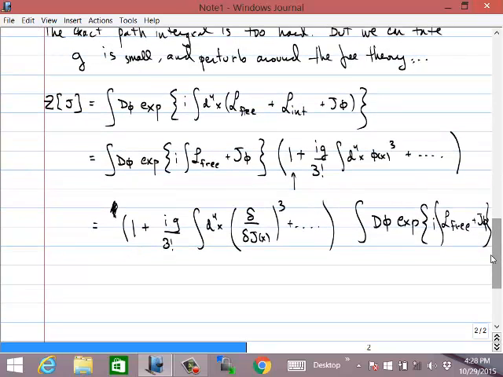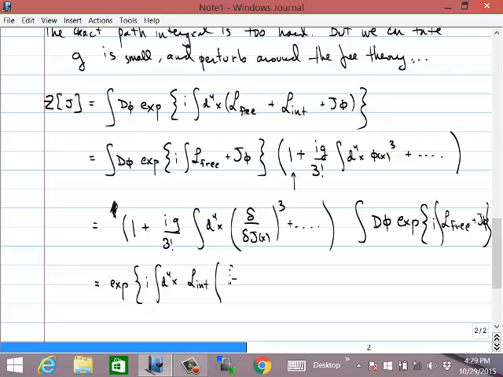Or if I wanted to write this out a little bit more systematically, you could write this not as 1 plus ig over 3 factorial, etc., but you could rather resum the exponential. And what would you get? You would get the exponential of i times the integral d4x times the interaction term, but with phi replaced by a variational derivative.